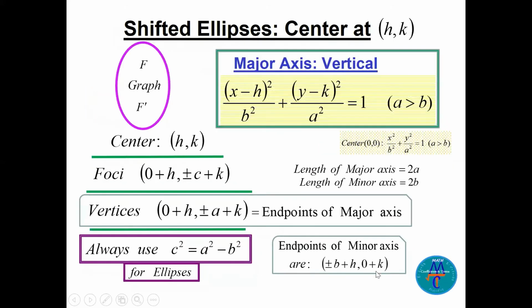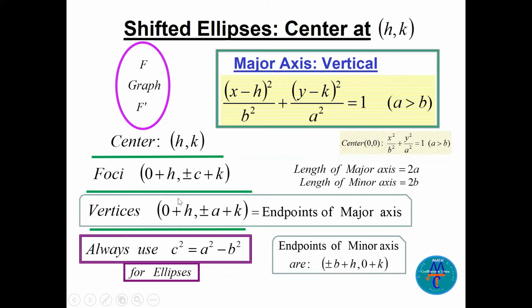Now the other type of ellipse is this vertical one. Same idea. I put here also for you to remember, if the center is (0, 0), it is x squared over b squared plus y squared over a squared, the bigger number under the y. Same equation, but we have shifting. So now the center is (h, k): (x minus h) squared over b squared plus (y minus k) squared over a squared is equal to 1.